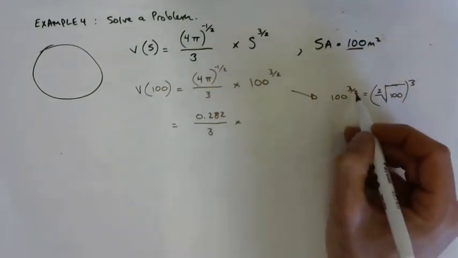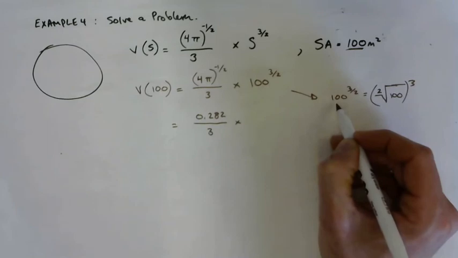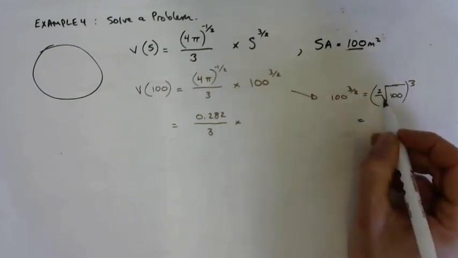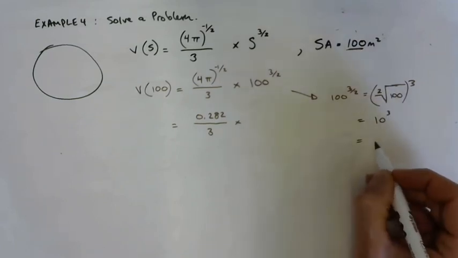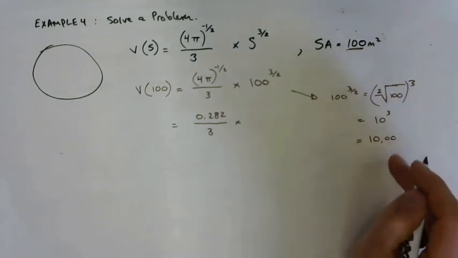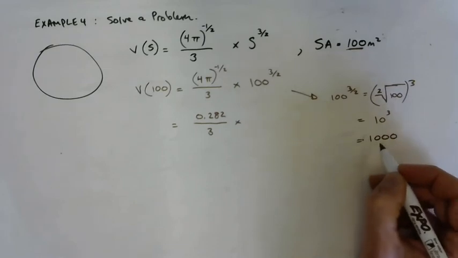This 2 becomes the index on the radical, 100 is the radicand, and then it's raised to the power of 3 on the outside. Square root of 100 is 10. 10 to the power of 3 is 1,000, sorry, not 10,000. Yeah, 3 zeros.